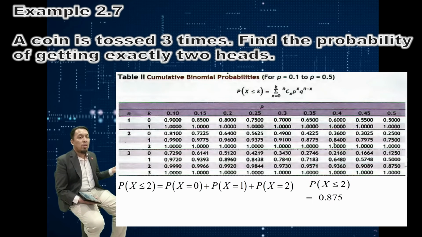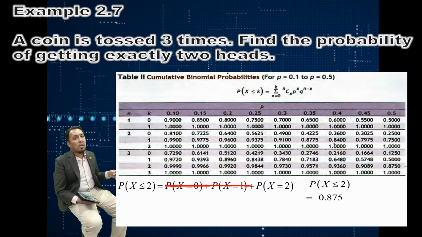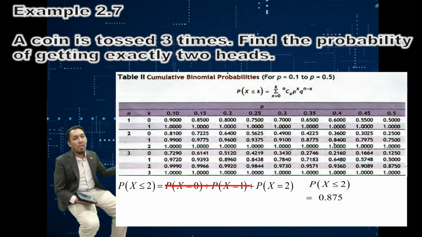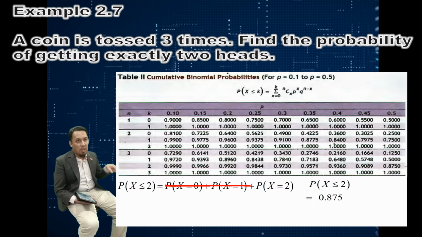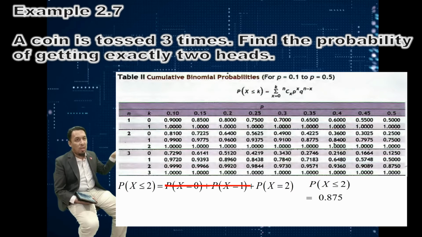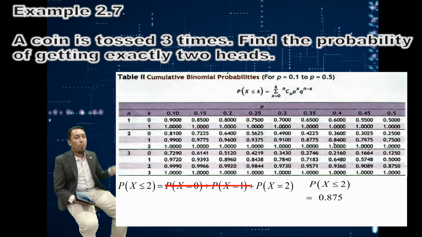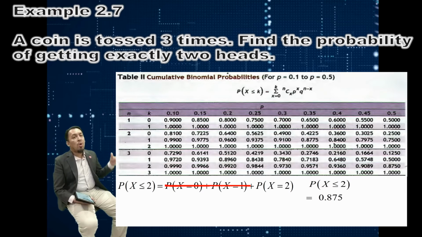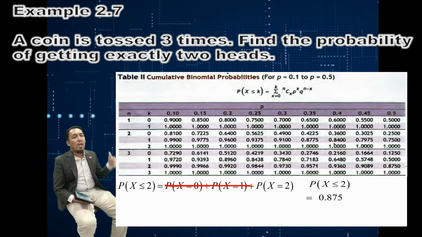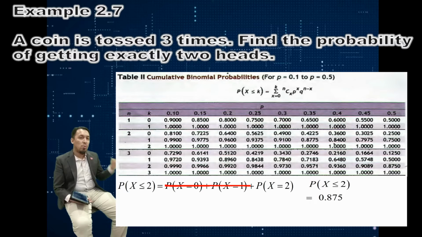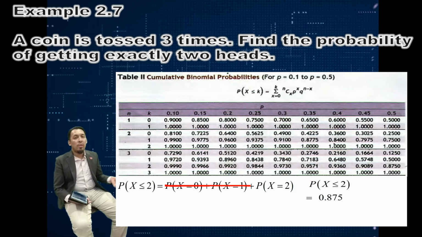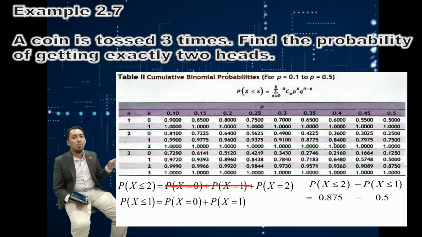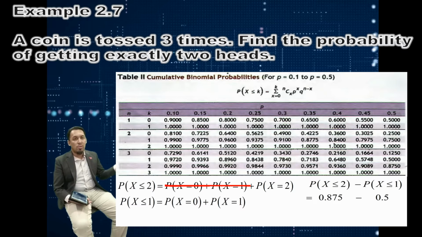Then you should subtract the other x values accumulated in that value, because we only want 2, we don't want 0 and 1. So we subtract x less than or equal to 2 with x less than or equal to 1, which consists of 0 and 1.